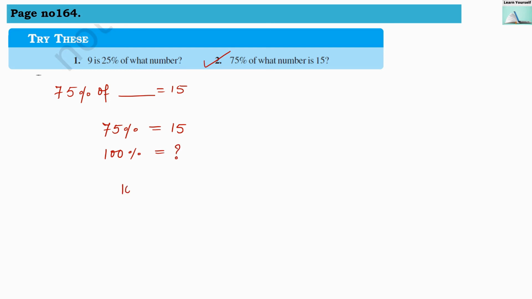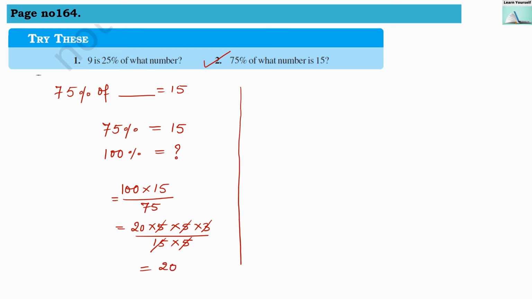So 100 into 15 in division 75 will be there. So let us simplify this. We will get 20 into 5, in multiplication 5 into 3, in division we will get 15 into 5. So 15 we can cancel with 5 and 3, and 5 will cancel with 5. So we will get the answer here 20.